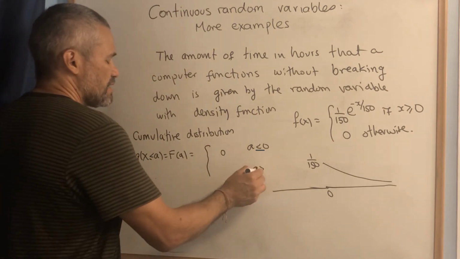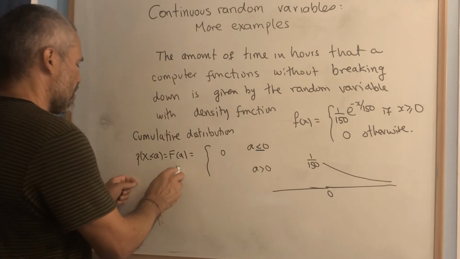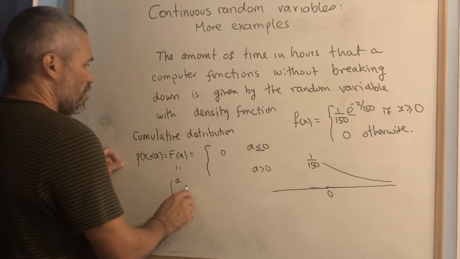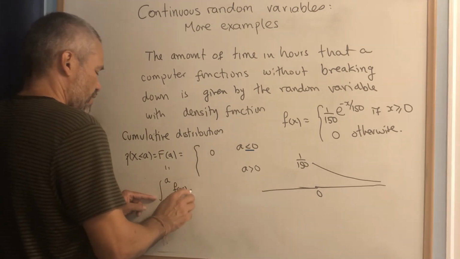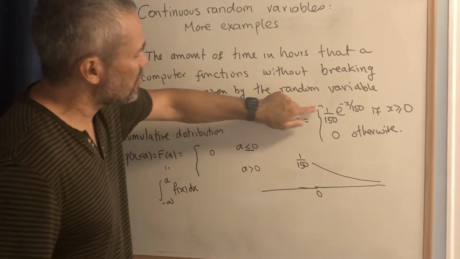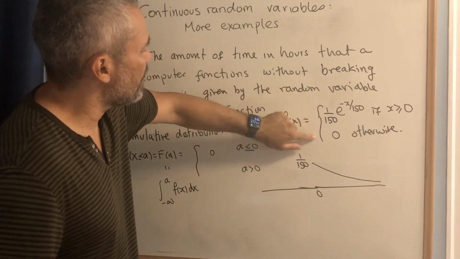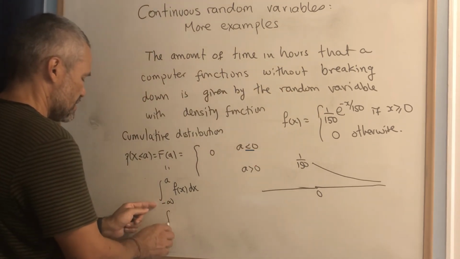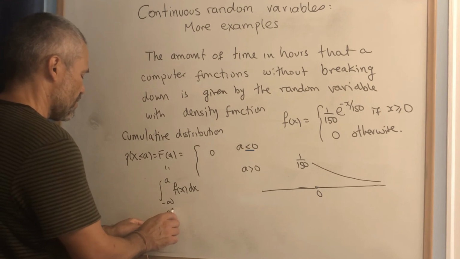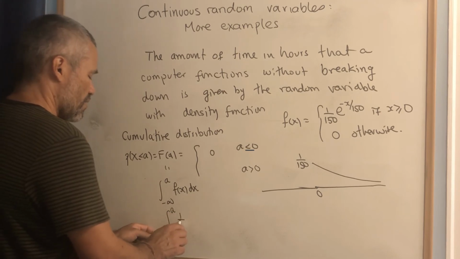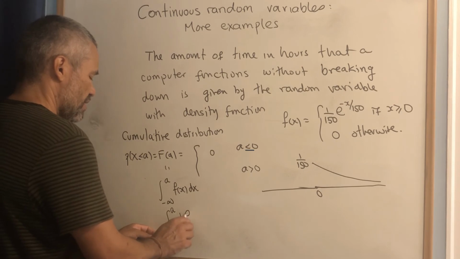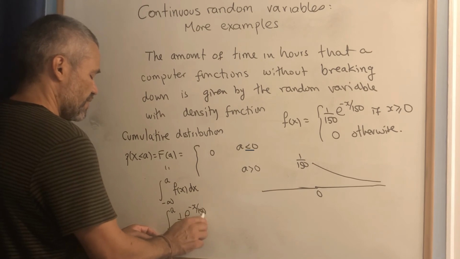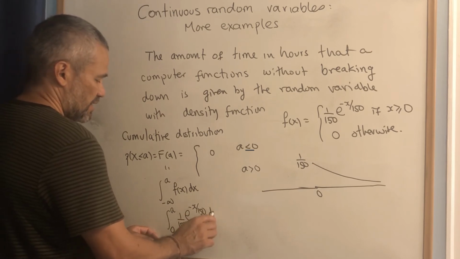But if a is bigger than 0, then this becomes just the integral from negative infinity to a of f of x dx. Because of the definition of the density function, before 0 is 0 and after 0 is equal to that, so this splits into the integral from 0 to a of 1 over 150 e to the negative x over 150 times dx.